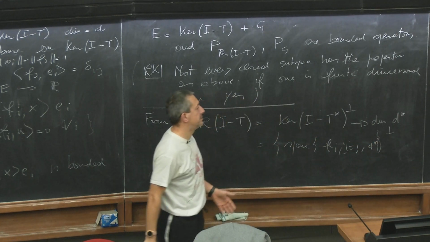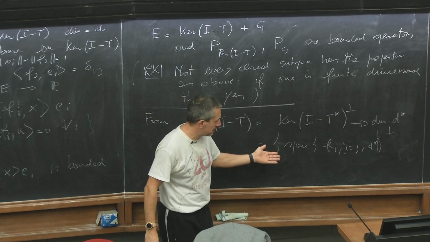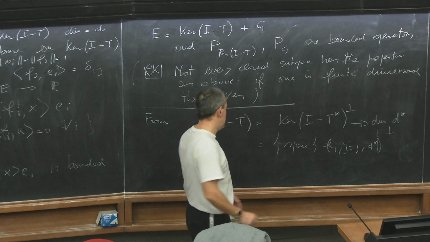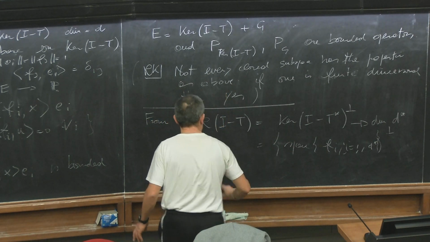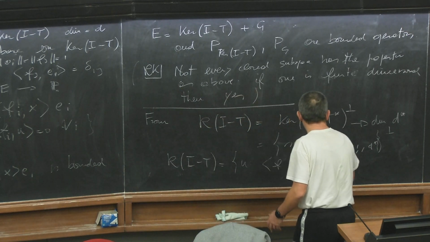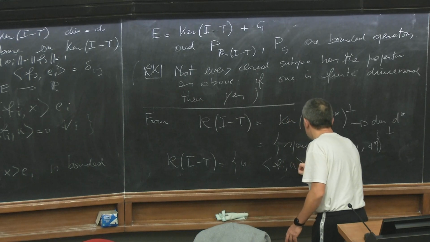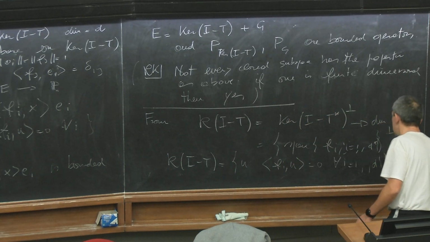By definition, it is the star, then it's the span of this, and then the orthogonal of the span. So I discovered that the range is equal to all the u such that f_i(u) equals 0 for all i from 1 to d.